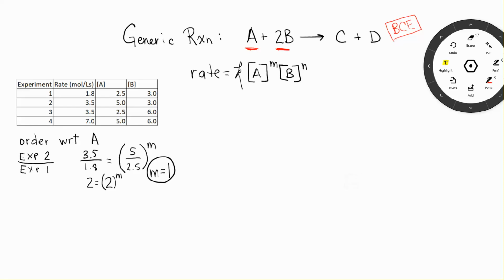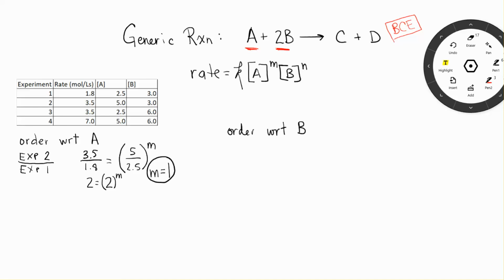Now we're going to look and determine what is the order of the reaction with respect to B. So now we need to hold the concentration of A constant so that any change in the rate comes from the change in concentration of B. So holding A constant, we can see that experiment 3 and in experiment 1, the concentration of A is constant. We have the concentration of B changing.